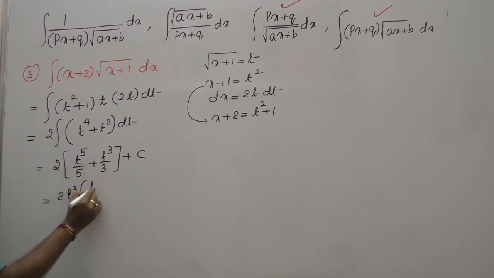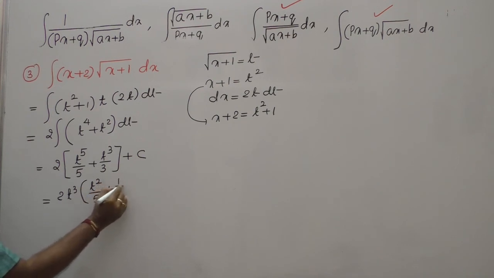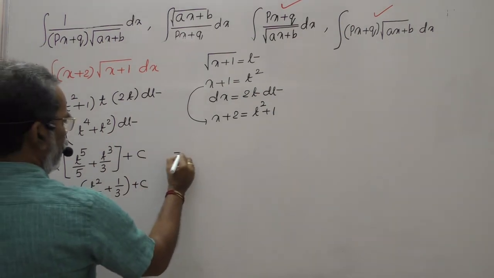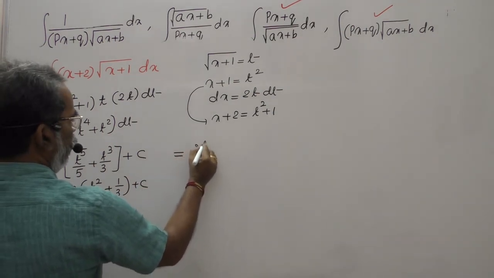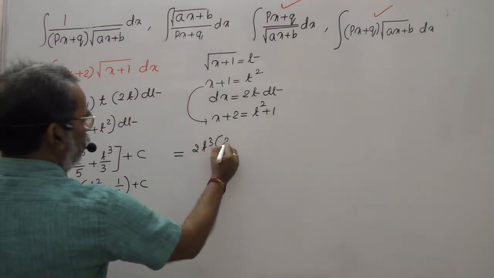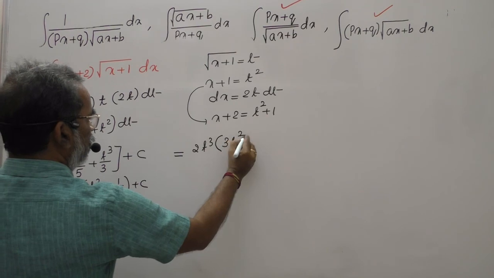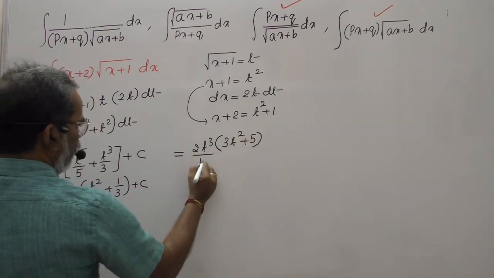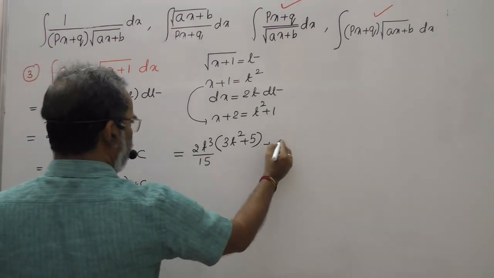Then what will be there? t square by 5 and 1 by 3 plus c. Okay, one more step. This is equal to 2t cube into, if I take LCM, I will be getting (3t square plus 5) by, what is LCM? 15, plus c.